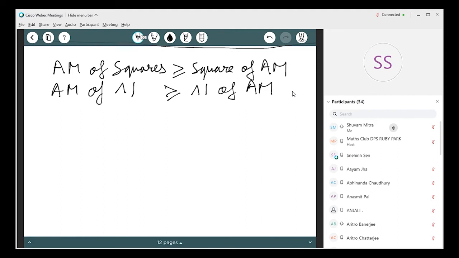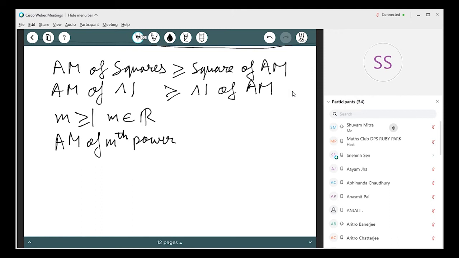So what if I have some m greater than or equal to 1? What can I say about the AM of the mth power? m might not be an integer. m belongs to R. What do we mean by the mth power? Yeah, that's a question and it's hard to answer at this stage.